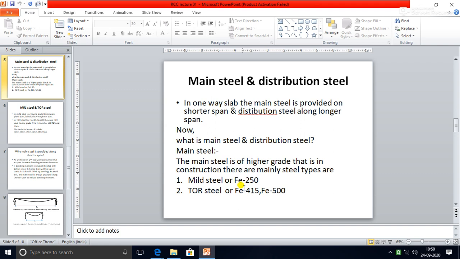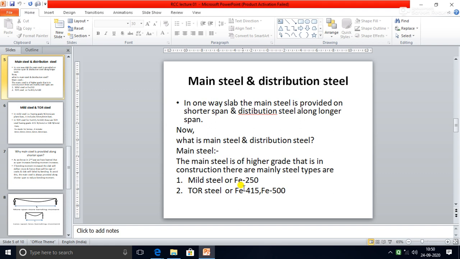That is, for Fe415, the yield stress, that is Fy, is taken as 415 Newton per mm square, and for Fe500 its characteristic strength, that is Fy, is equal to 500 Newton per mm square.